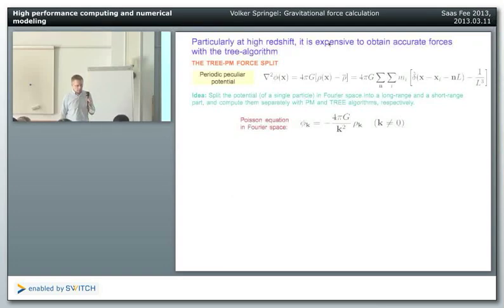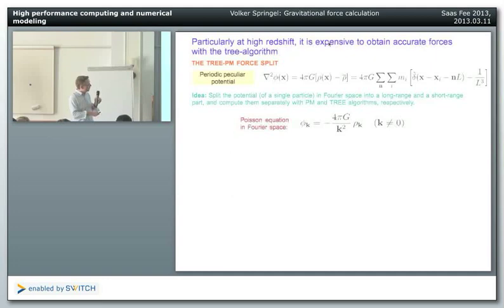Because the Green's function, remember this is the G hat, the Green's function of the periodic Poisson equation, is just 1 over k squared. For the Newtonian potential, it's something more complicated, as we'll see. But in periodic space, the Poisson equation in Fourier space becomes particularly simple because the Green's function is analytic in k and very simple.